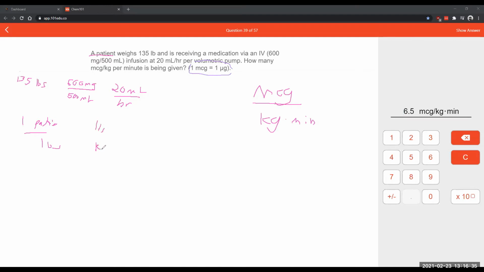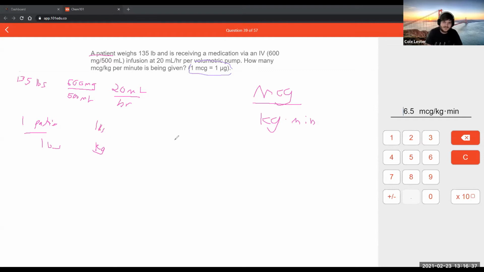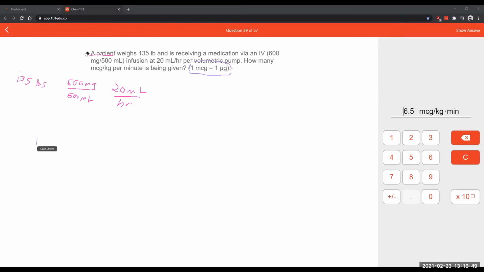Do you want me to write it? Yeah. Okay, perfect. Just tell me what you want me to write. So you're right. One patient is per 135 pounds.